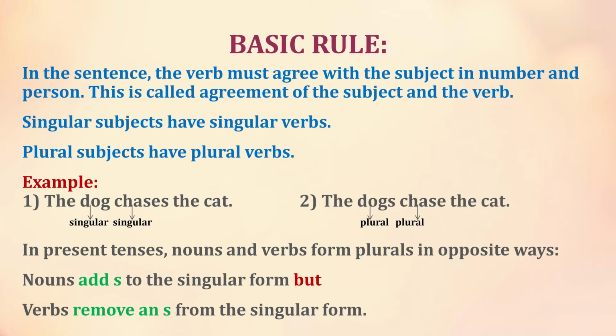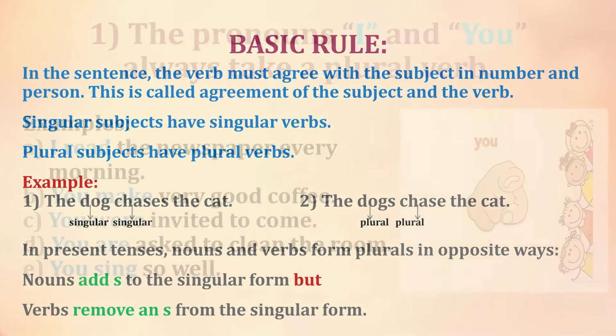The singular noun dog becomes dogs with an S in the plural form, but the verb has an S in the singular form, chases, and the plural verb chase does not have an S. So remember children, the plural verb does not take an S at the end. So in present tenses, nouns and verbs form plurals in opposite ways. Nouns add S to the singular form, but verbs remove an S from the singular form.